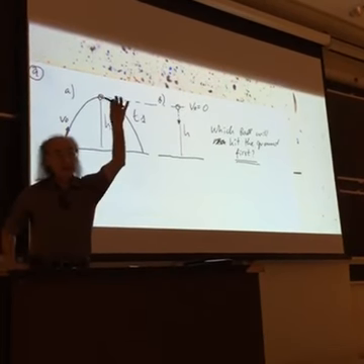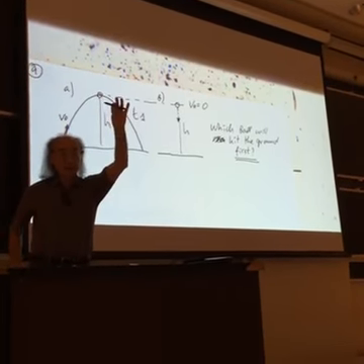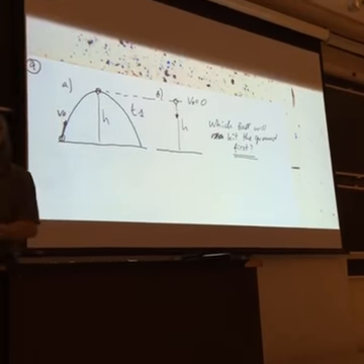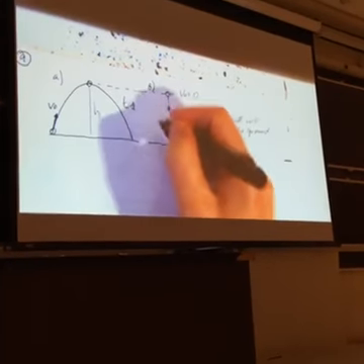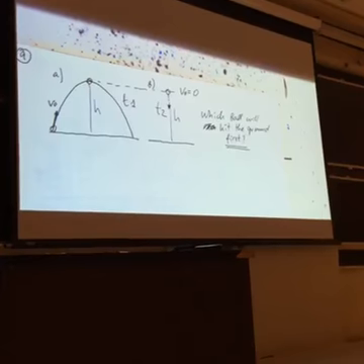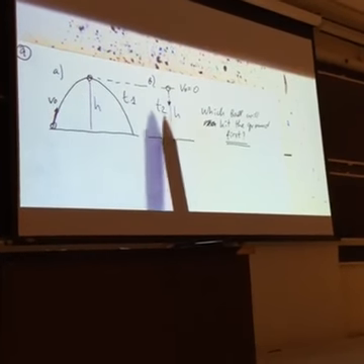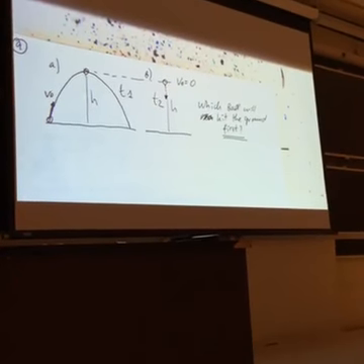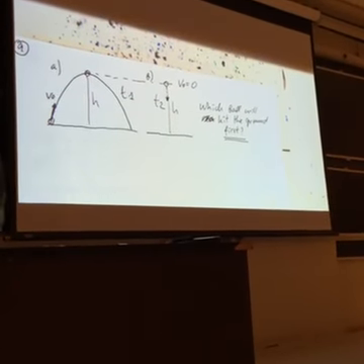The other is held at rest at that point and you just release it. This is time 1, this is time 2. So does it take longer, the same time or shorter time for this object to hit the ground?